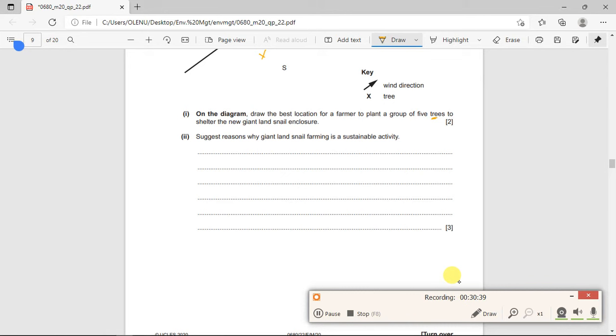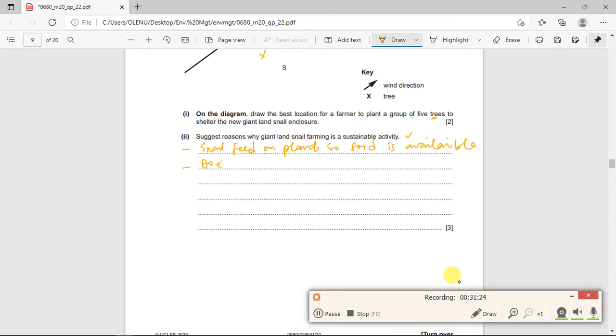Now, suggest a reason why giant land snail farming is a sustainable activity. What will make it sustainable is that snail food can easily be grown because it's plant. Snail feed on plant, so food is readily available. That's one. Another thing that makes snail farming sustainable is that it doesn't cause air or water pollution.